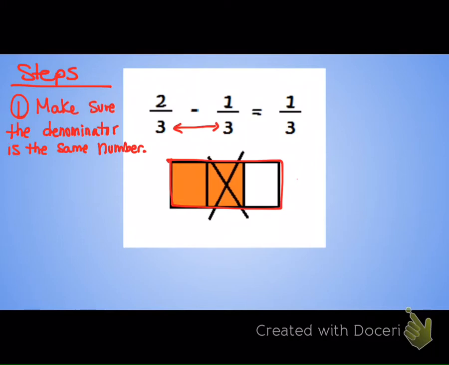So that is the first thing we are doing, making sure that those denominators are the same. In today's lesson, they will be the same. But as we progress on in this chapter, those will start to become different, and we'll tell you how to figure that out then. So once we have determined that the denominators are the same, now we need to either add or subtract the numerators.